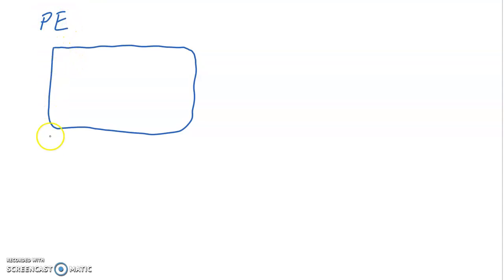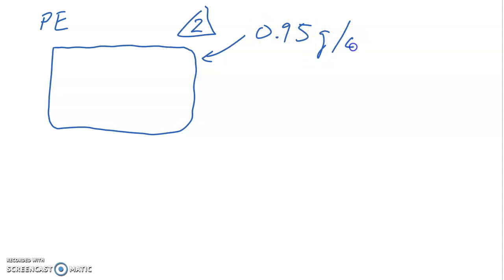This polymer is recycle number 2. That means if you see a triangle, you will see number 2 in it. It is used to make, for example, buckets to carry water or many injection molding items. The density of this plastic is around 0.95 gram per cm cube. That means it will float in water.